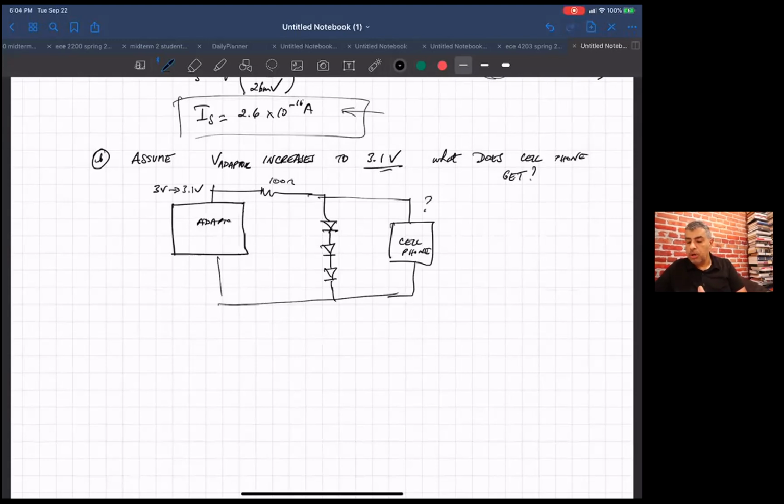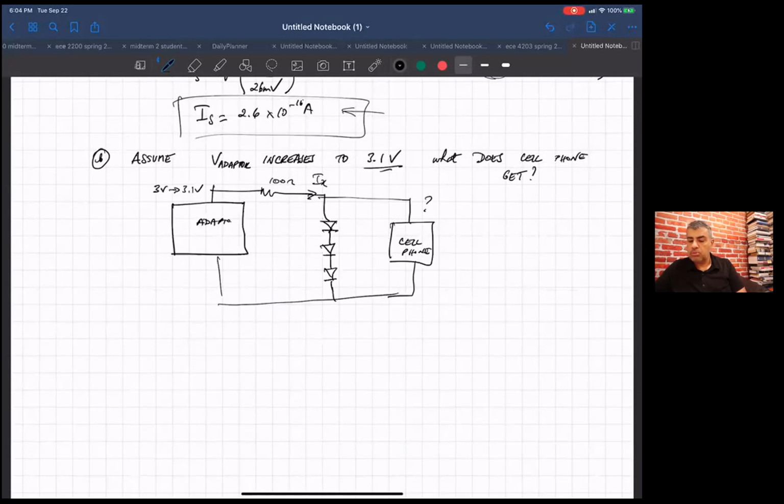Now, the tricky part is that as the voltage changes, this current I sub x is going to change, and that change in current is going to change the VD ons, which then change the current. Does that make sense?